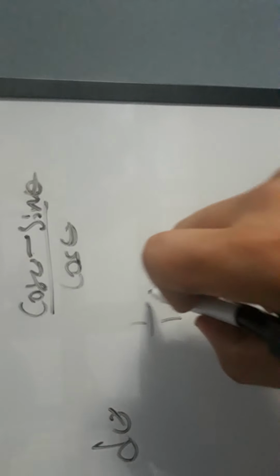So then you would get cosine theta all over cosine theta minus sine theta, and then 1 over 1, this should be sine theta all over cosine theta, making it cosine theta plus sine theta all over cosine theta.